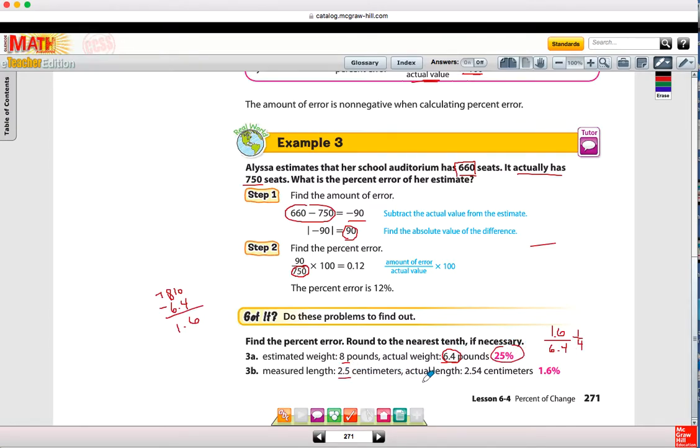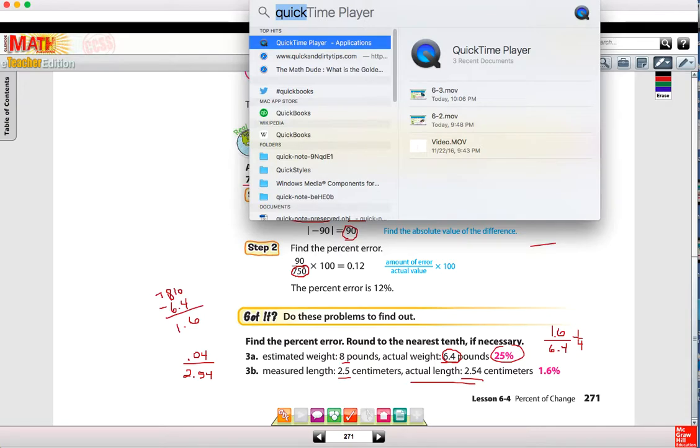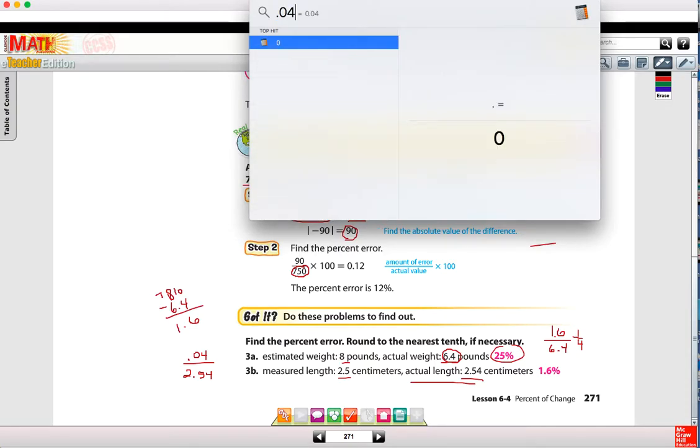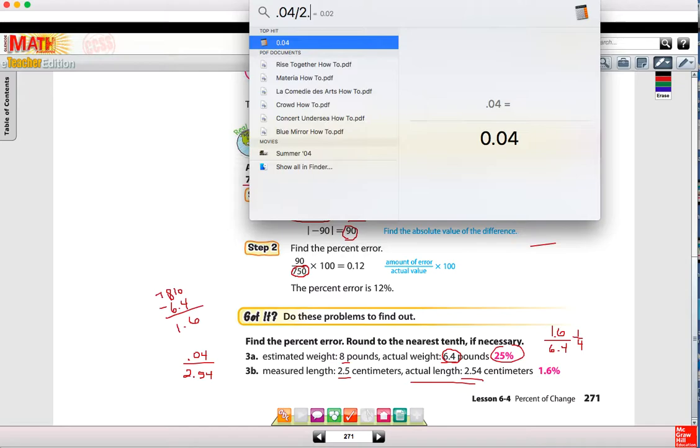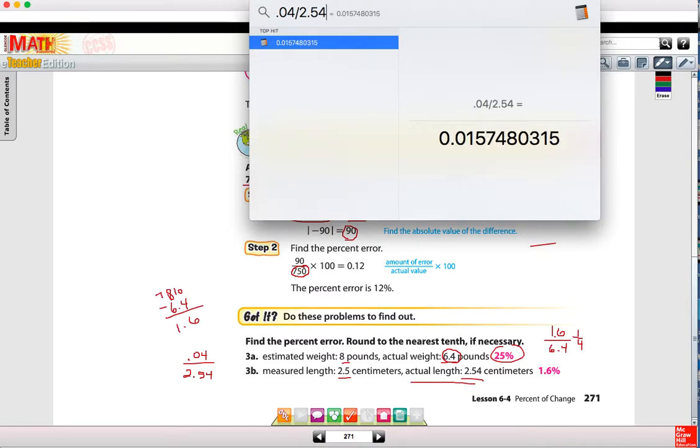So on 3B, 2.5 centimeters and 2.54 centimeters, we're going to get a difference between those two of 0.04 divided by the actual length, which is 2.54. And when I take that on my calculator, 0.04 divided by 2.54, I get 0.0157.